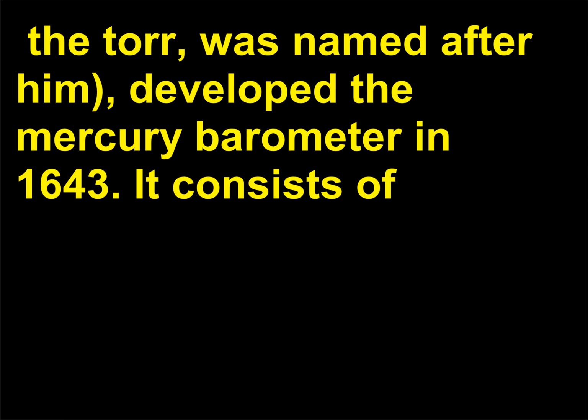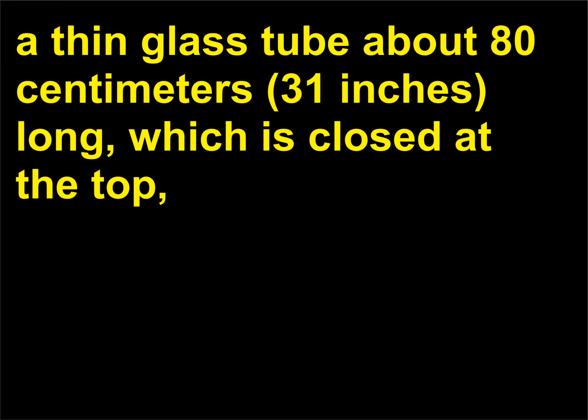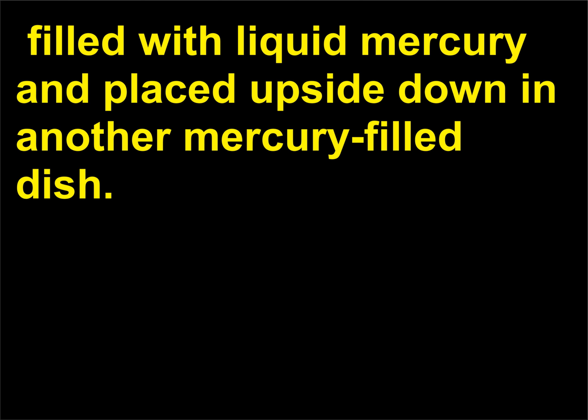It consists of a thin glass tube about 80 centimeters, 31 inches, long, which is closed at the top, filled with liquid mercury and placed upside down in another mercury-filled dish.